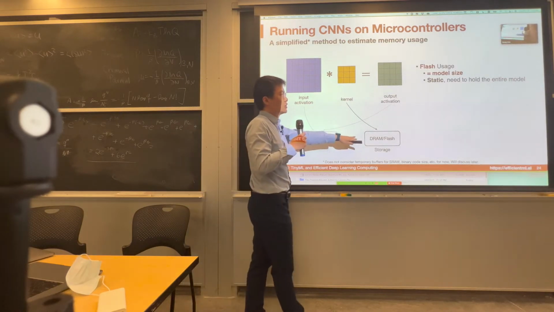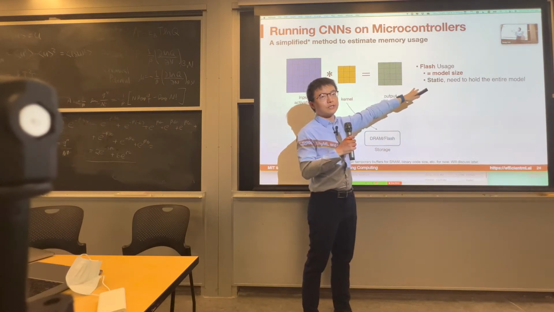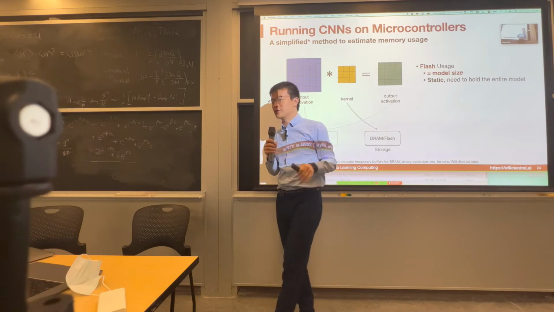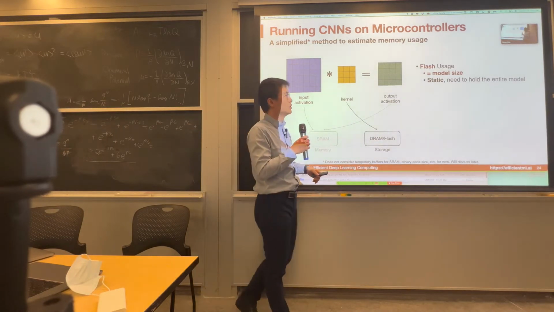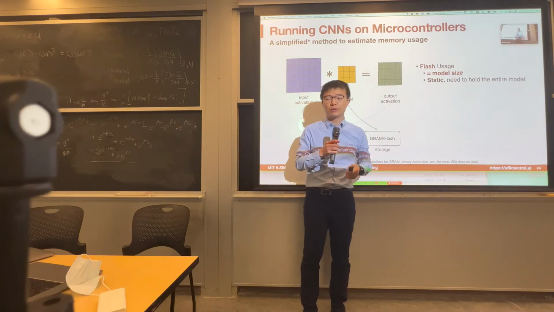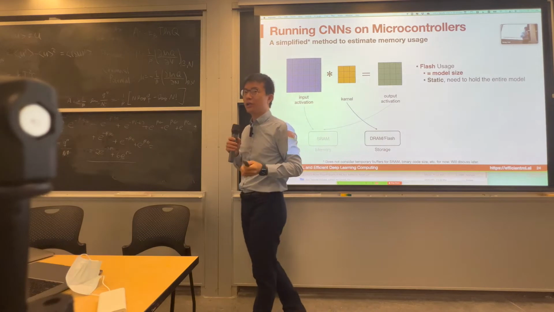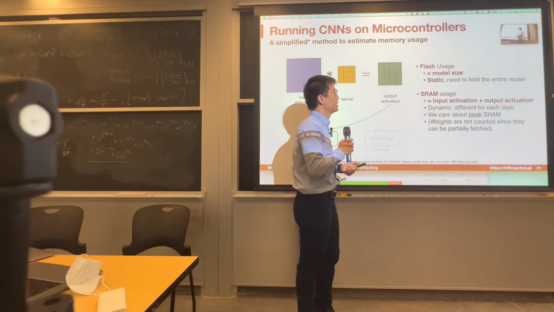The flash storage concerns the weights, the model size. Since the model weights do not change, they can be put in the static read-only memory. We need to hold the weights unchanged across the entire life cycle for this IoT device.